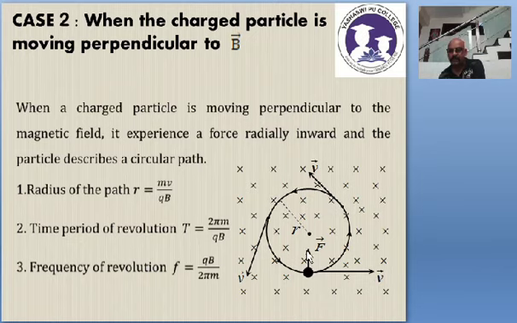That now acts as a centripetal force. For this particle to go round, a centripetal force is required, and that centripetal force is provided by the magnetic force. Therefore the charged particle goes in a circular path. Here v represents the linear velocity.